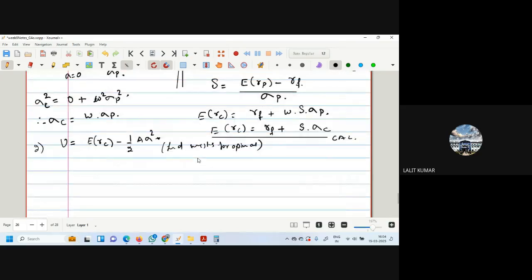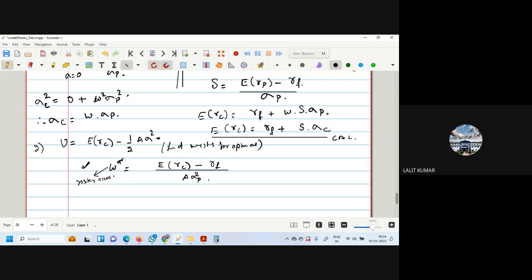So in this case, I'll give you straight away this formula, it will become ERC minus RF divided by A into sigma P square. Okay, so this straight away you can get this weight, and this weight will be for the risky asset.